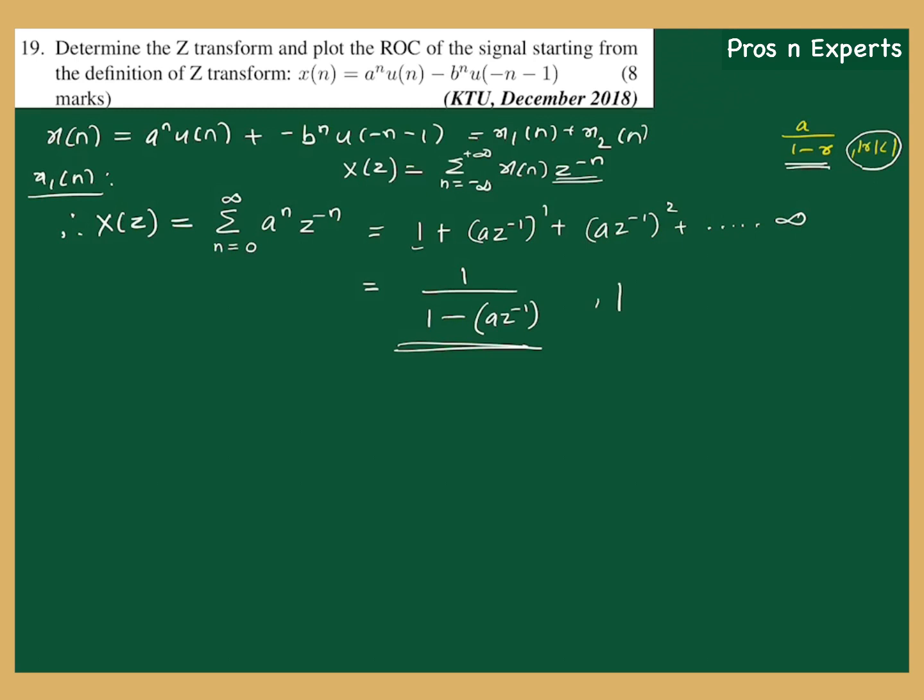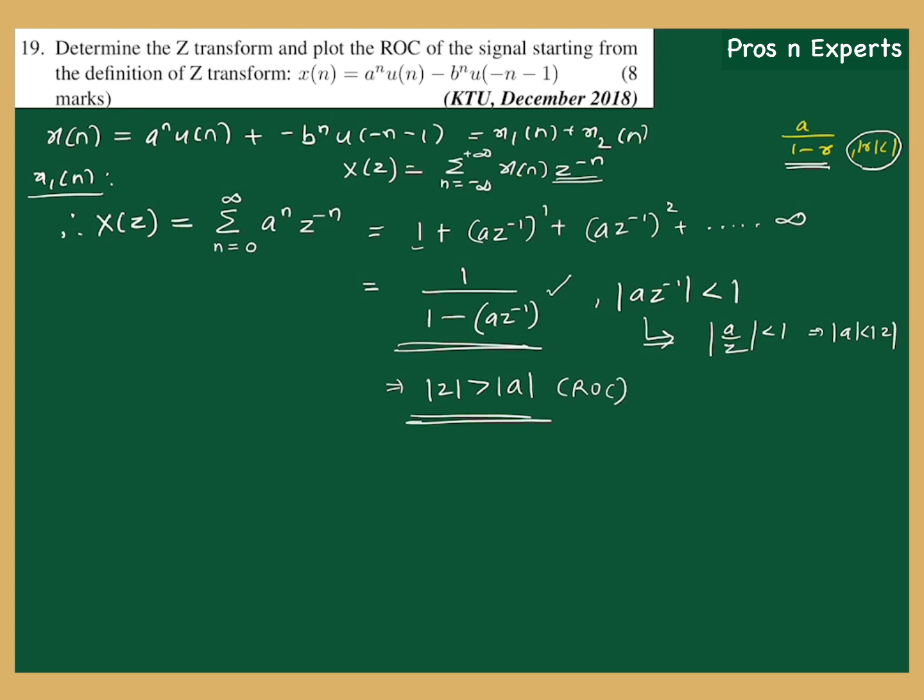So mod of r, that is a z inverse, is less than 1, or in other words, this implies mod of a by z is less than 1, or mod a less than mod z, or inverting, that implies mod z greater than mod a. Okay, so this is the Z transform, 1 by 1 minus a z inverse, and the ROC of the Z transform of the first signal, first term.